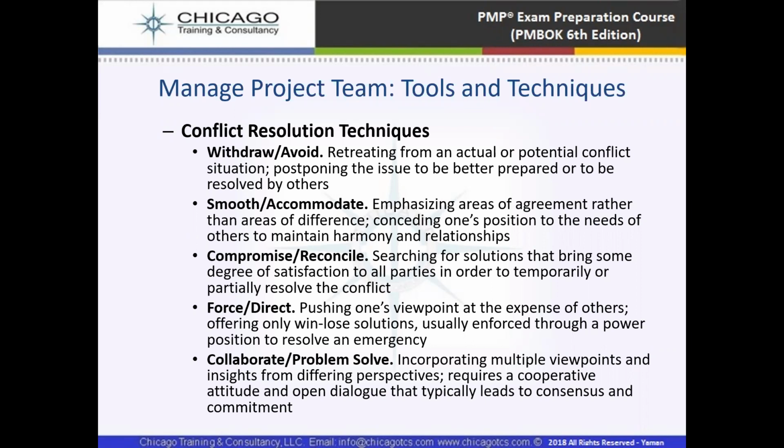And then we have collaborate and problem solve, incorporating multiple viewpoints and insights from different perspectives. It requires a cooperative attitude and open dialogue that typically lead to consensus and commitment. So we collaborate and discuss until the conflict is resolved in terms of commitment, which leads to consensus.